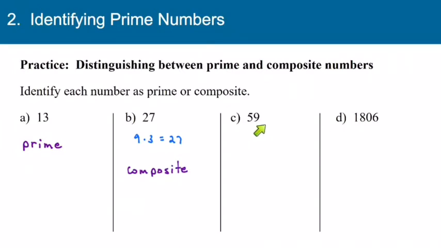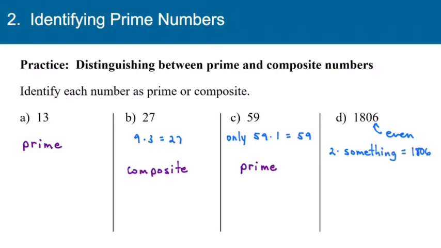If you know your times table, you know that there are no whole numbers we can multiply together that will give us 59. So 59 is going to be considered prime. And if you look at 1,806, we can tell by the last digit that 2 goes into this number. It's an even number. Therefore, 2 times something makes 1,806. And so that's enough for us to say that this number is composite.